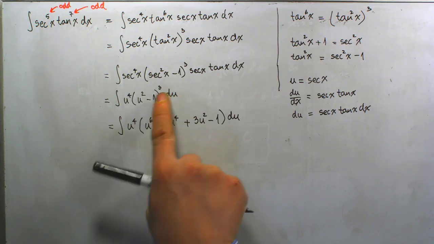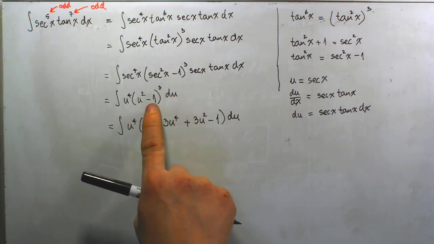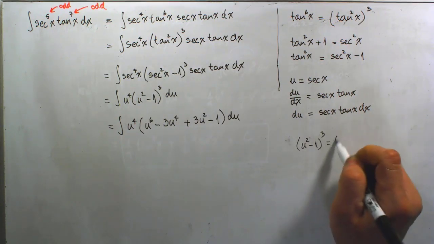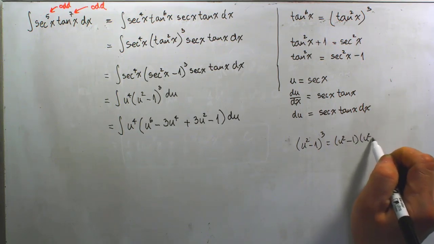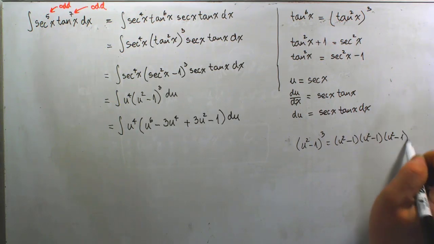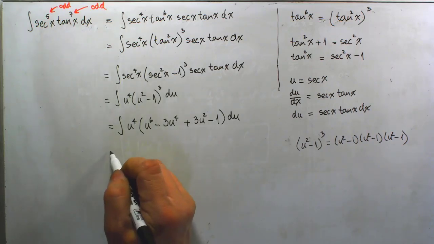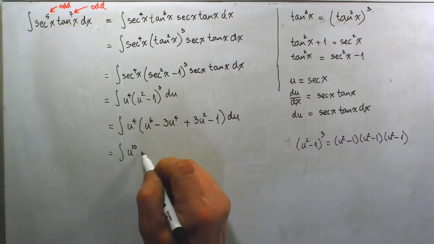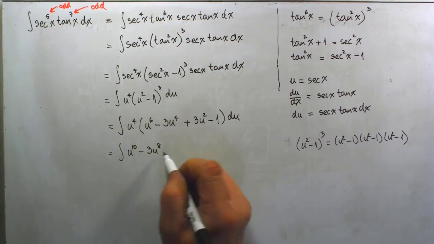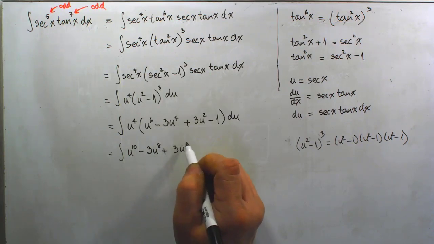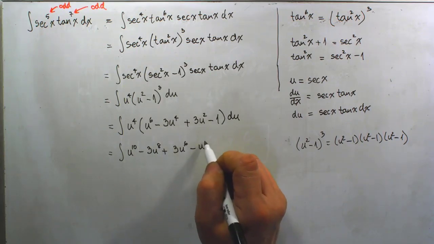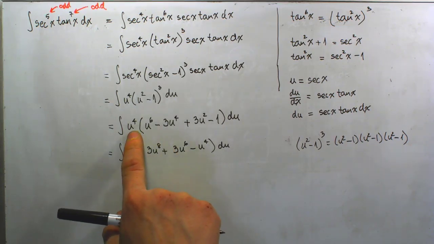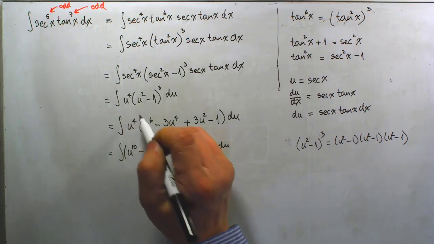We can think of that cubic here as 3 identical factors, u squared minus 1 times u squared minus 1 times u squared minus 1. And so in the next step, the integral becomes u to the 10th minus 3u to the 8th plus 3u to the 6th minus u to the 4th. I got that because I simply distributed the u to the 4th to each term in the parentheses here.